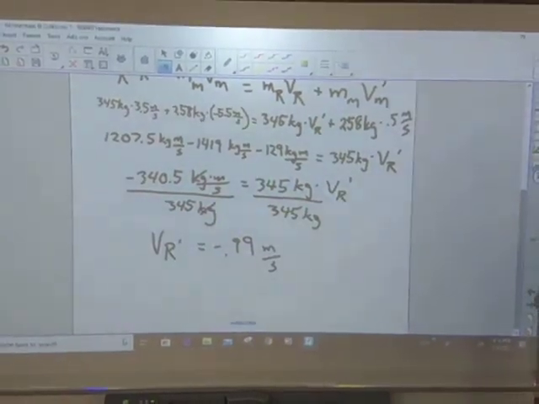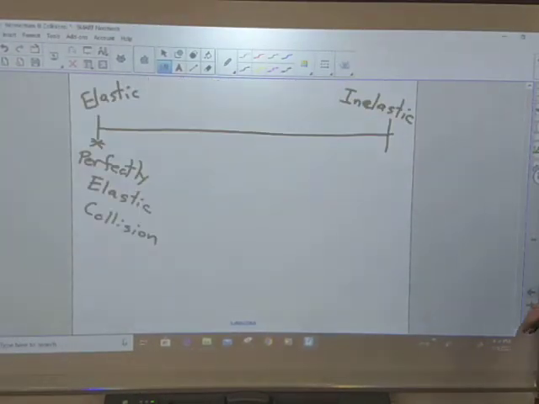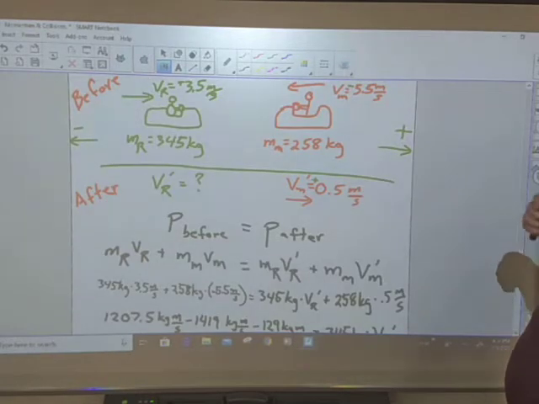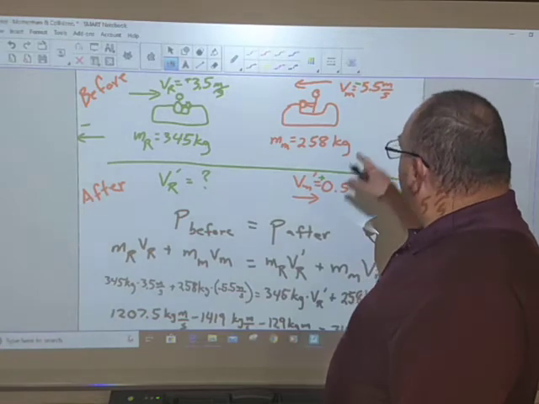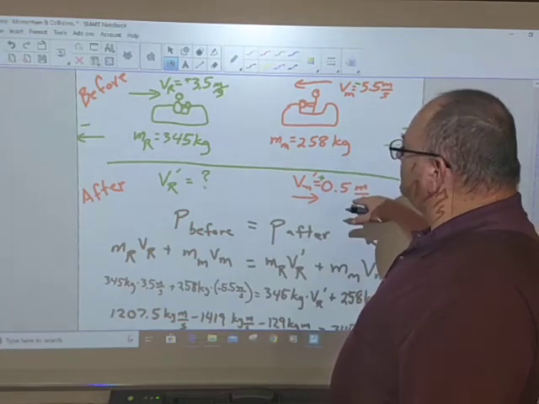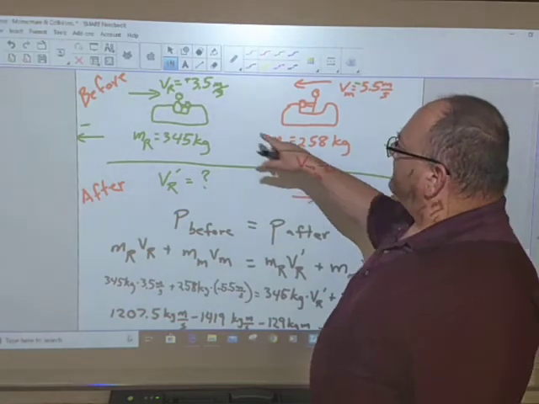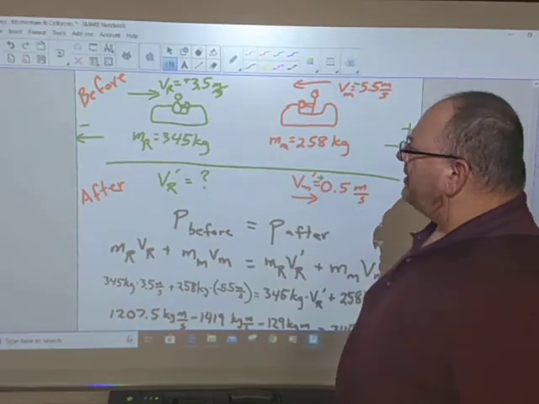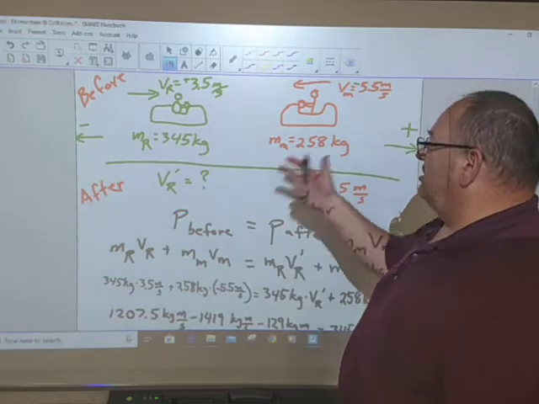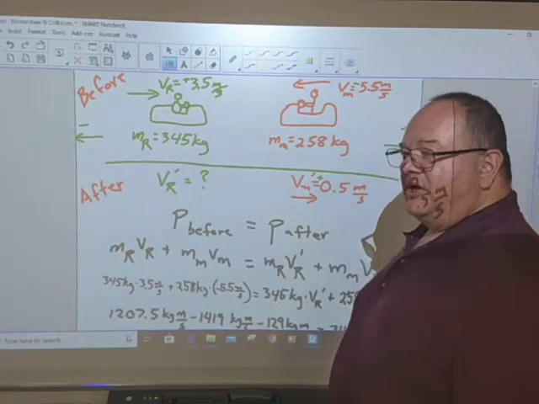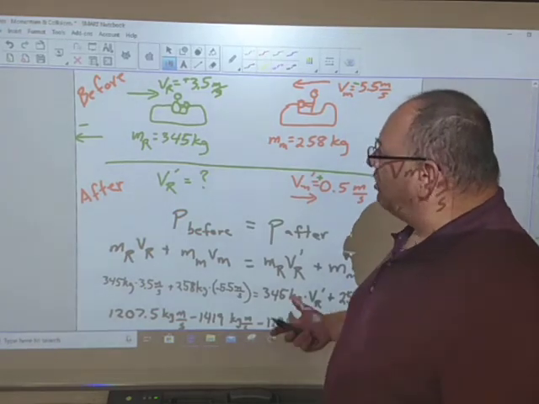I want to just go up here and try to reason this out. Let's see. So I was going 3.5. She almost came to a stop. Looks like I bounced off backwards. I don't know if I gave the most reasonable answer or numbers in this, but the math would work out.